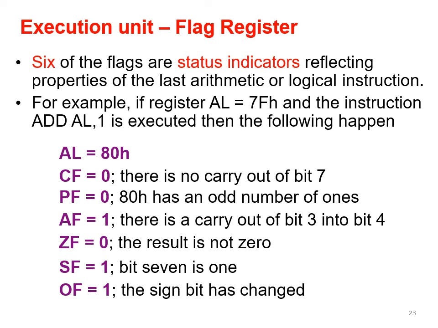So altogether you have only 1, an odd number of ones, so your parity flag will be 0. And there was a carry generated out of bit 3 into bit 4, so your auxiliary flag will be set to 1. The result is not 0 here, it is 80H, so your zero flag will remain 0. Sign bit 7 is 1, and the sign bit has changed, so your overflow flag will also be set to 1.